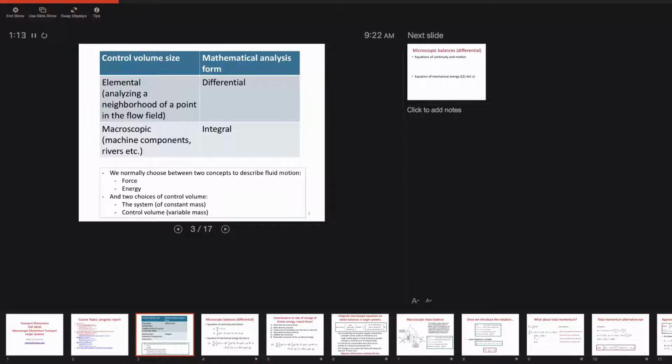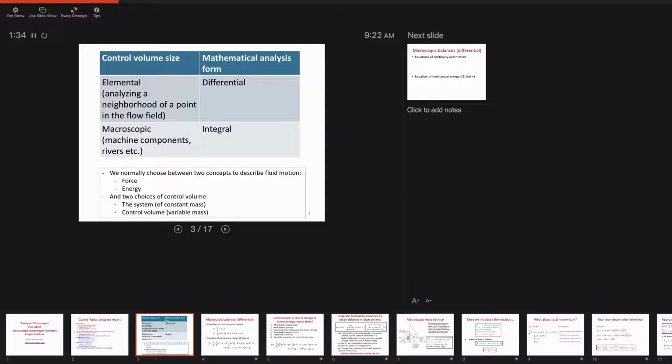Now, just to recap how we do modeling, we always figure out some control volume that we work on, right? It could be point by point, when we were looking at velocity and pressure distributions. They're actually point-wise, right?